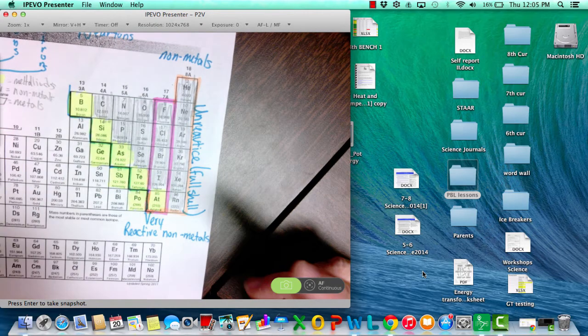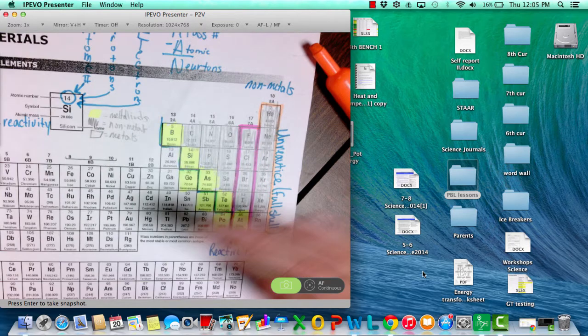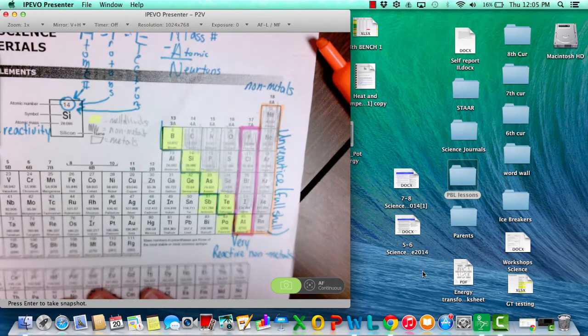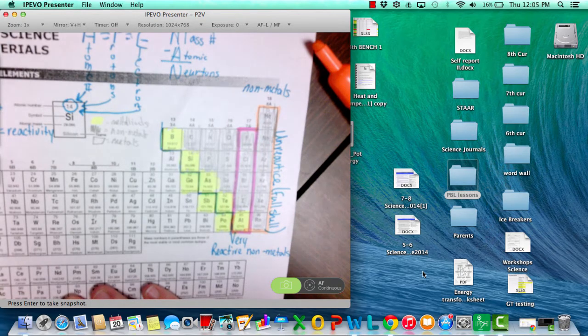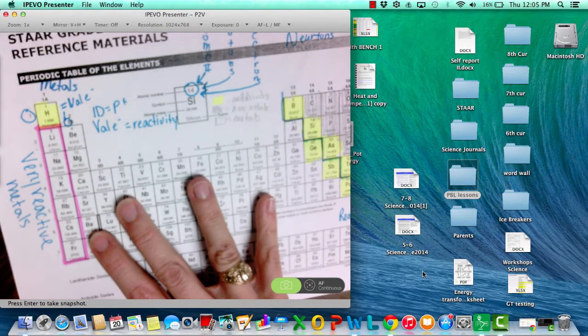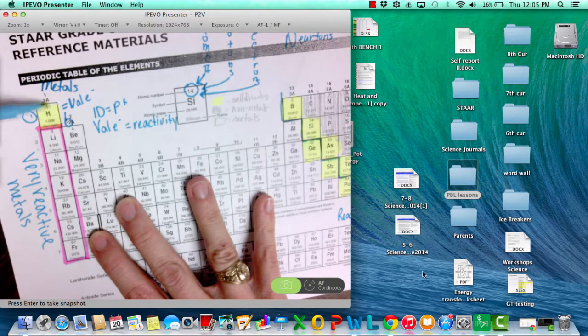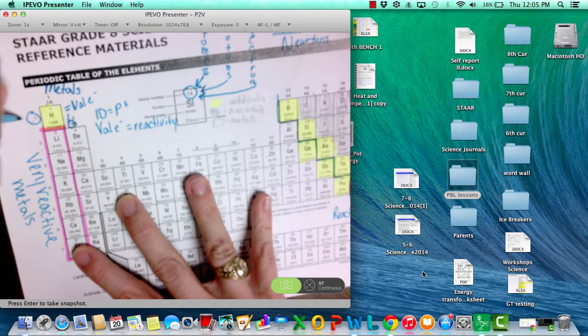Group 18, completely unreactive. Remember that this number is always going to be equal to the number of valence electrons, and this number over here, this number right here in the front, will always tell us the number of valence electrons, and this number, which is the period number, is always going to equal the energy levels.